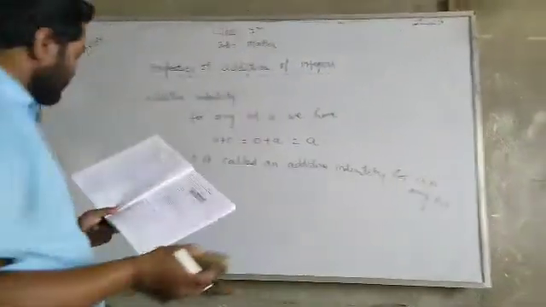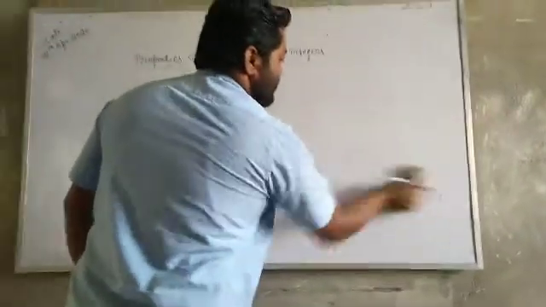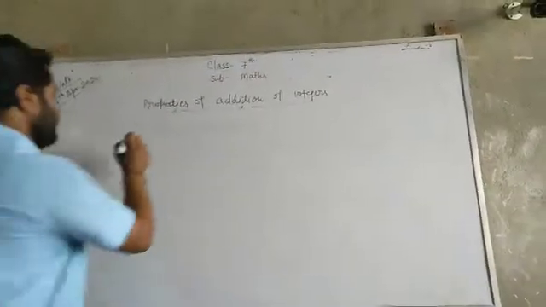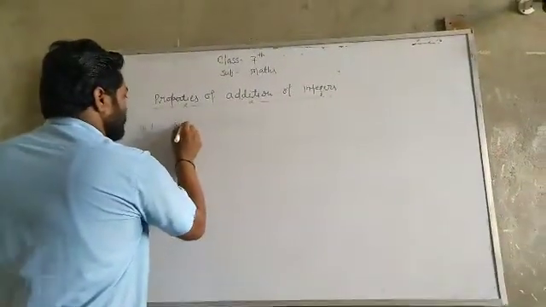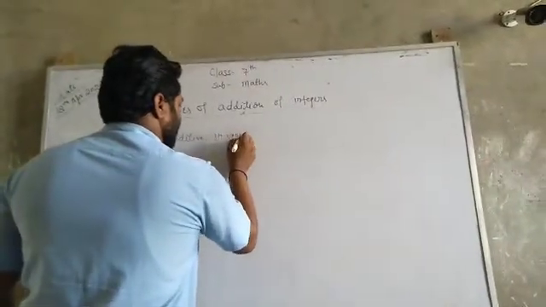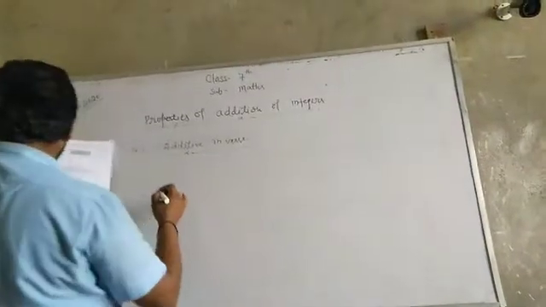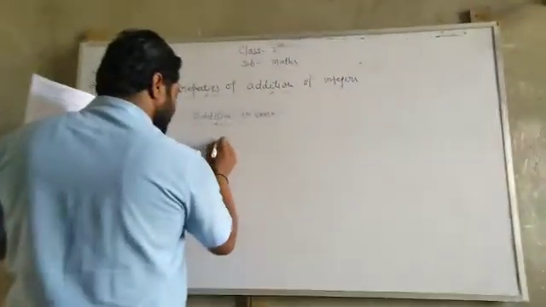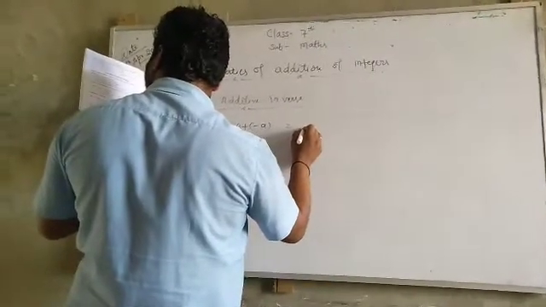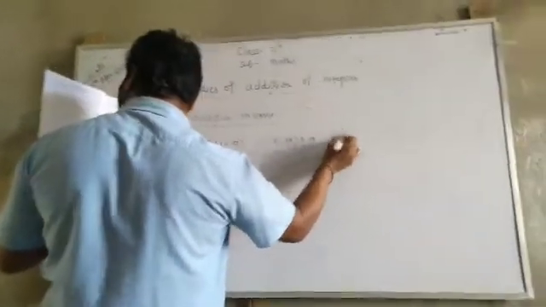And the last property of this addition of integers is inverse property, the additive inverse. Additive inverse means A plus minus A equals minus A plus A, which is equal to 0.